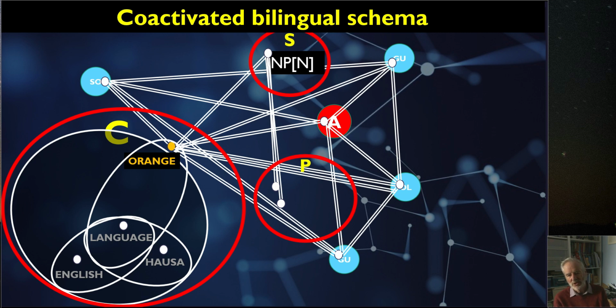You'll express this differently, and we have two alternative phonological structures which are activated. One is lemu, which is Hausa for orange, and you won't be surprised that it happens also to be the word for lemon as well. So they use the same word lemu for both, and you have the phonological structure orange for English, right?